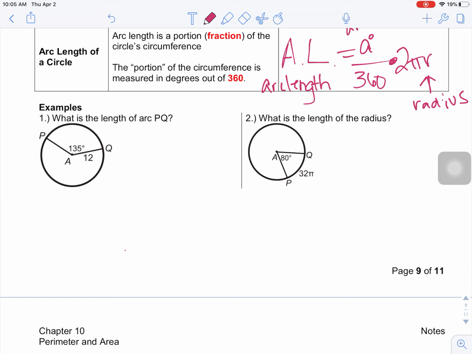It says, what is the length of arc PQ? So I'm looking for this arc here. I'm given a central angle of 135, therefore I know my arc is going to be 135 as well. So I'm going to write down the formula. Arc length equals the angle, or the arc measure, over 360 times 2 pi r.